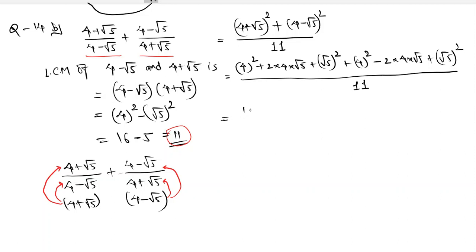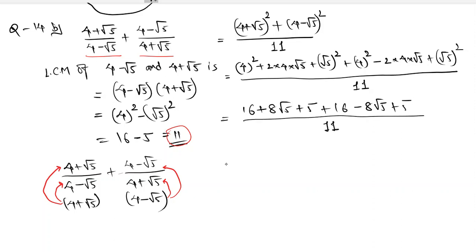So here I'll get 16 plus 8 root 5 plus 5 plus 16 minus 8 root 5 plus 5. Root 5 square is 5, right? The whole divided by 11.